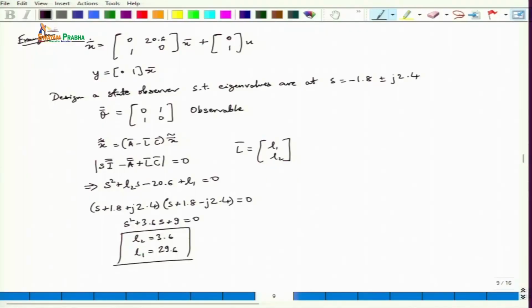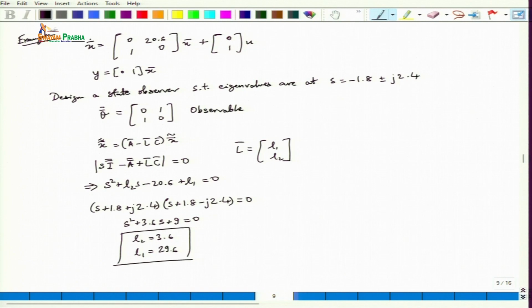So we need to understand how we are going to combine these two, because the reason for the state observer is the state feedback. If we want to combine both of these, the first step while designing the state feedback plus state observer is to first design a state feedback assuming that you can measure all the states.